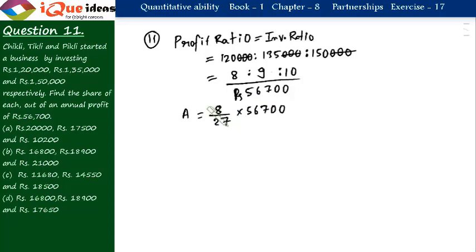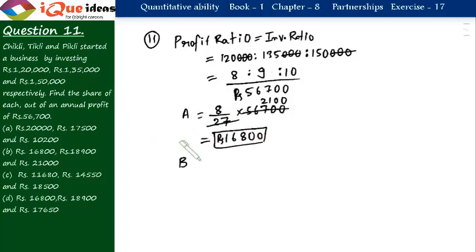Yes, it will. So 27 double is 54. So 21 times. So 2100. So A's share of profit would be 8 into 2100, that is 16,800 rupees. This is share of A.